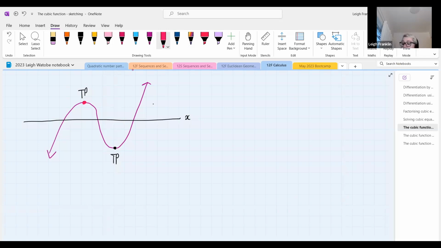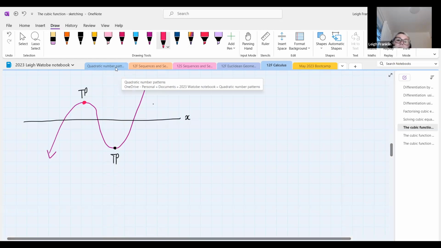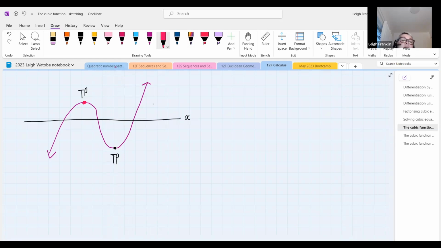So before this turning point on the left, how would I describe the gradient to the left of the pink turning point? Is it increasing or decreasing? It's increasing. As x gets bigger, remember x gets bigger from left to right.